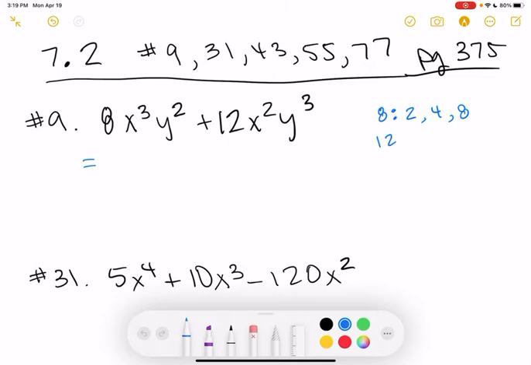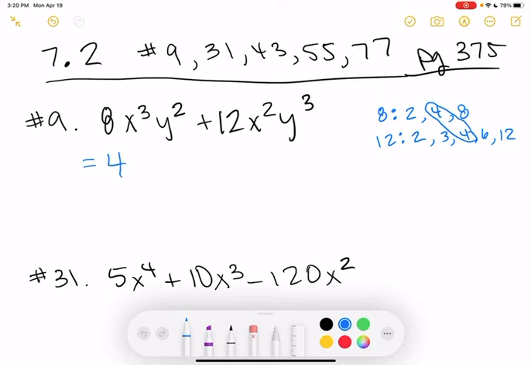And then factors of 12: 2 would work. So don't stop there, because there might be something bigger. 3 works, 4 works, 5 no, 6 works, 7 no, 8, 9, 10, 11, so 12. So we want to look for the highest number that they both have, which is that 4.